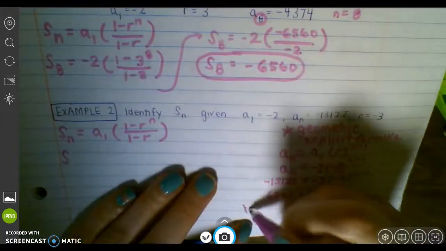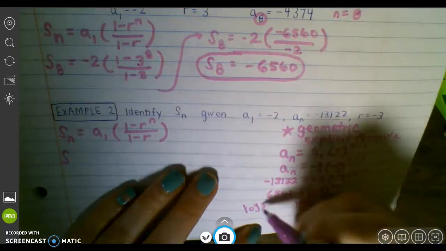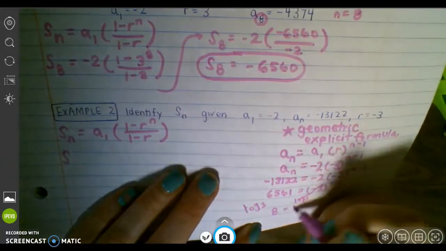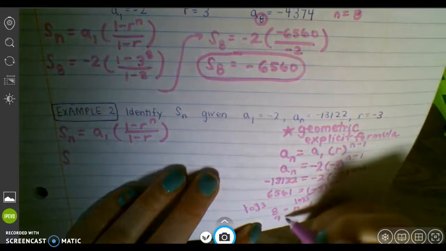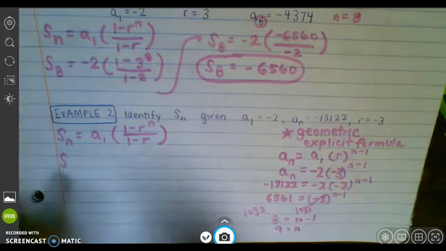And then I take log base 3 of both sides. And that gives me 8 equals n minus 1. Add 1 on both sides. That is 9. So that was my side work to figure out what the n value was.